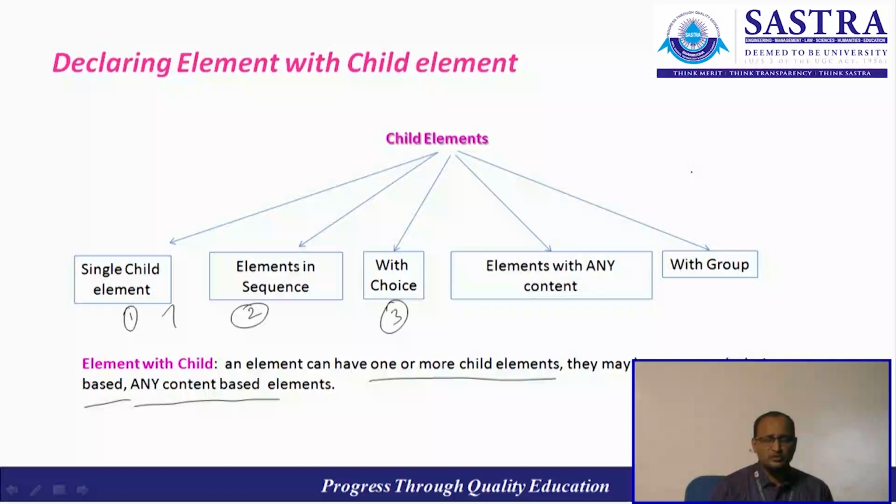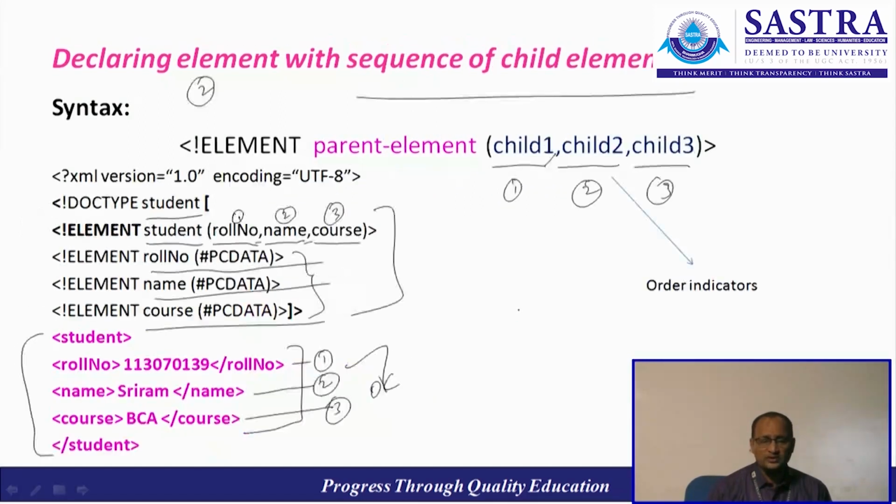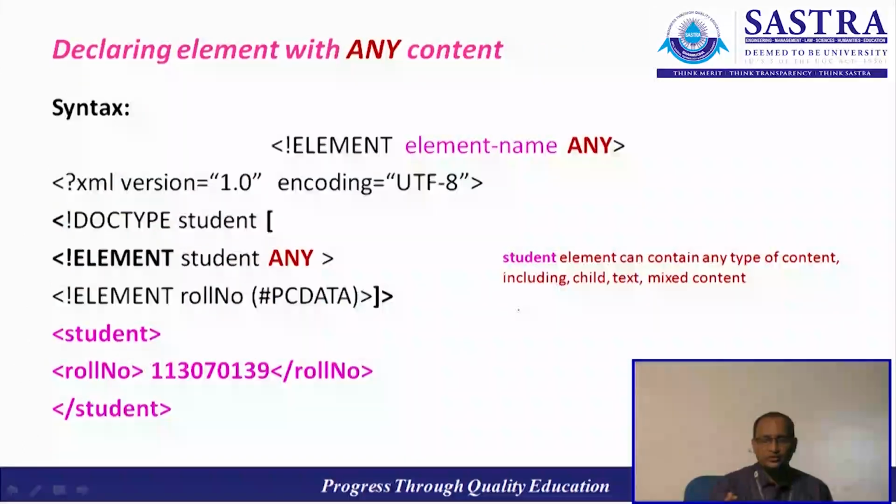Then coming to the element with any content. These are the different patterns of child elements. The fourth one: I would like to show you the syntax for declaring an element to carry any pattern of child elements.